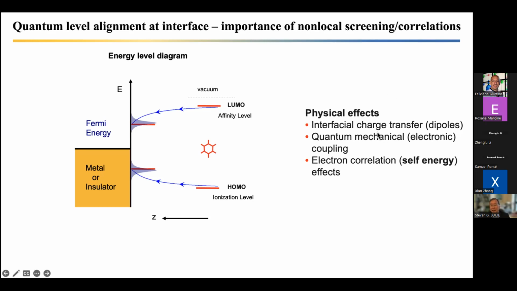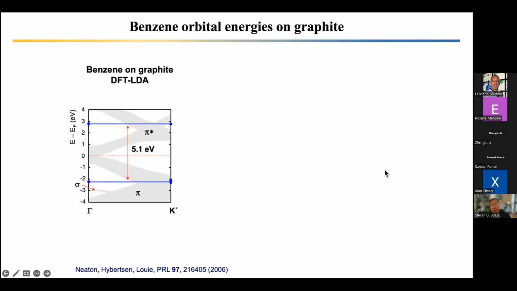One is interfacial charge transfer, forming some kind of dipole, quantum mechanical coupling, hybridization effects, and then electron correlation effects. It turns out that all three of them are very important. In particular, for weakly coupled systems, the correlation effects can be very important.